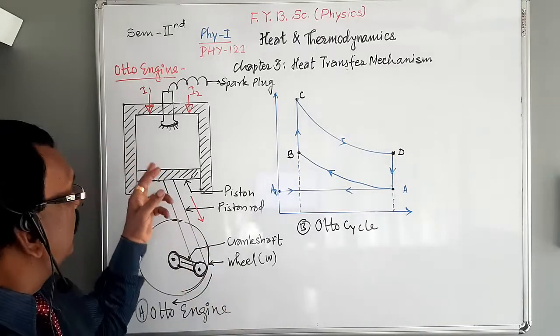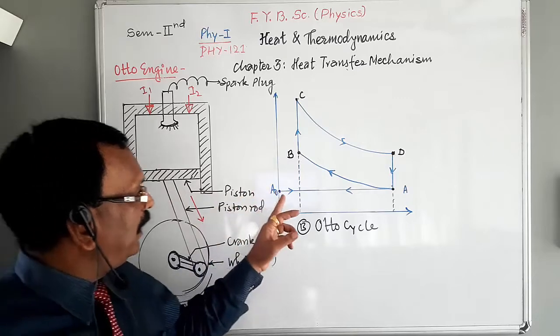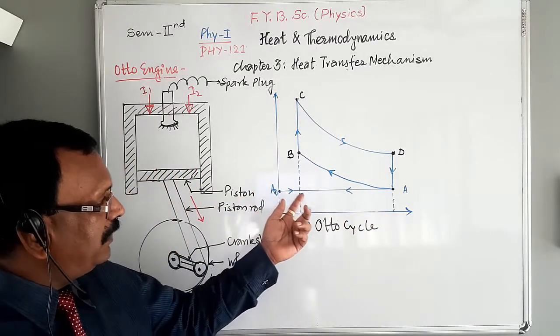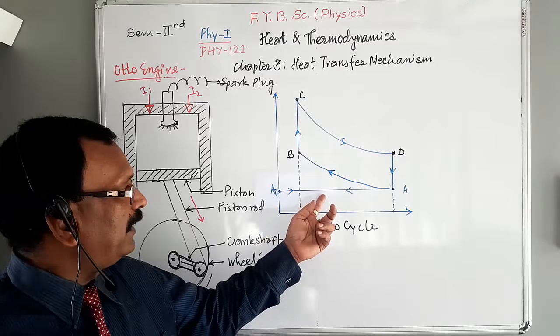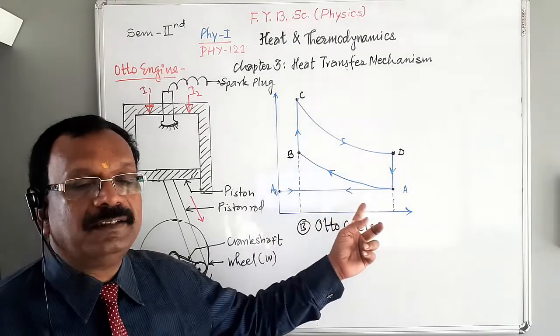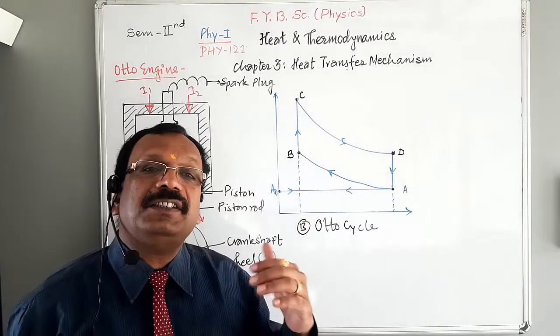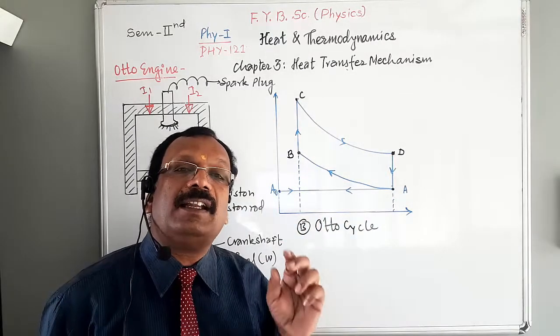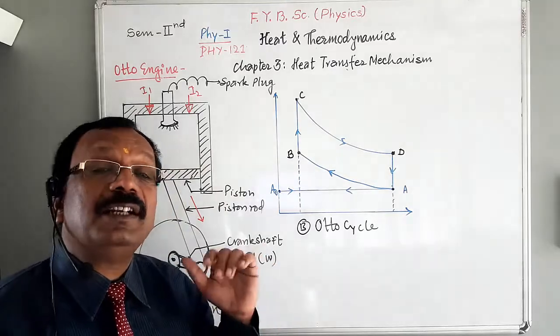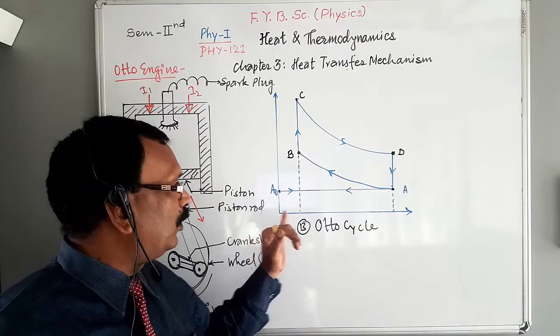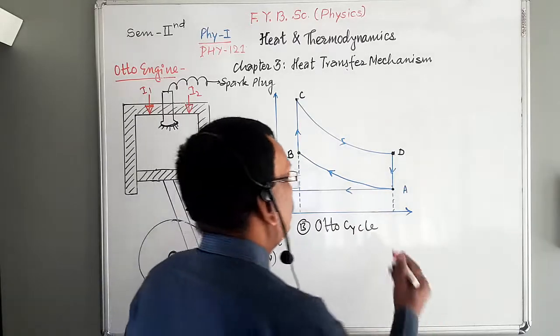Remember that this change is represented by this line A0A. This operation takes place at constant pressure, that means the mixture or charge is taken into the cylinder at constant pressure, while the volume goes on increasing from 0 to VA.